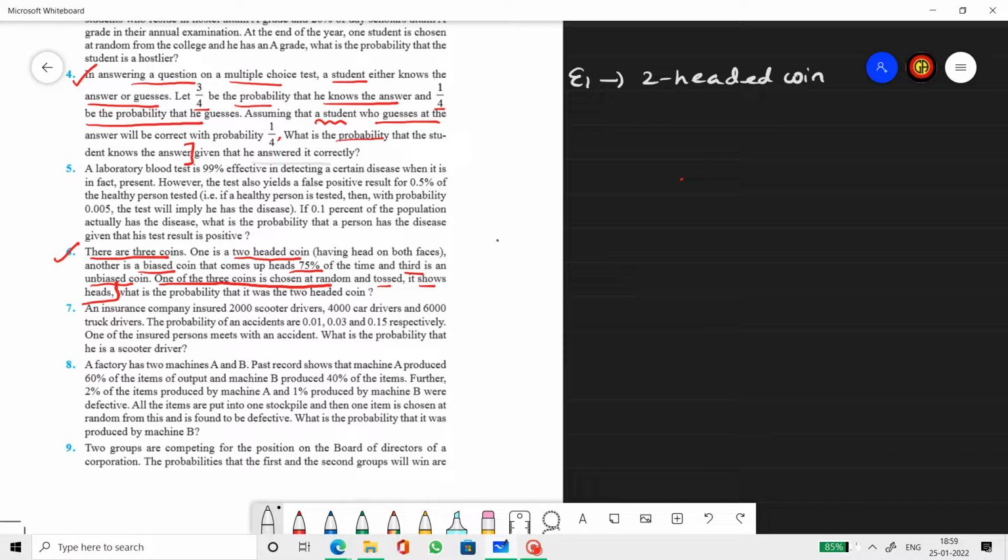Let E2 be selecting the biased coin, in which there is 75% chance to get head. Let E3 be selecting an unbiased coin. And let A be getting head.